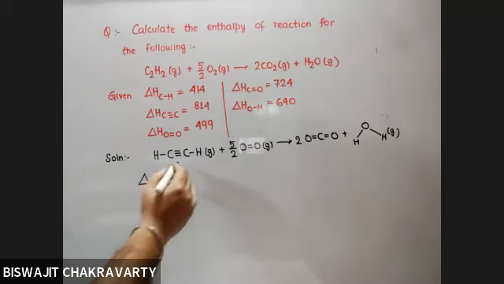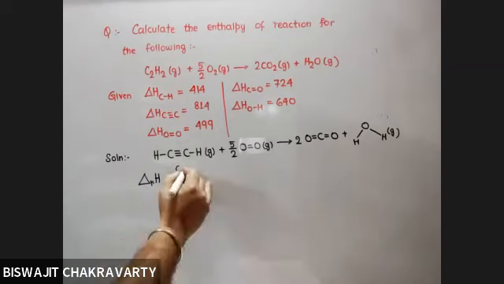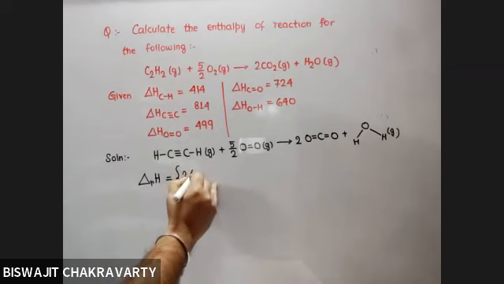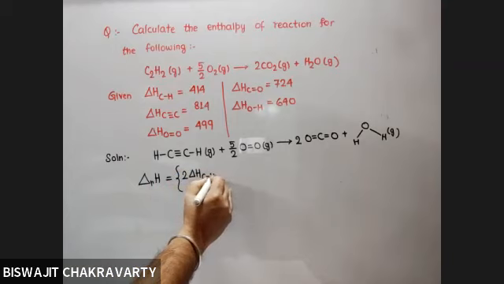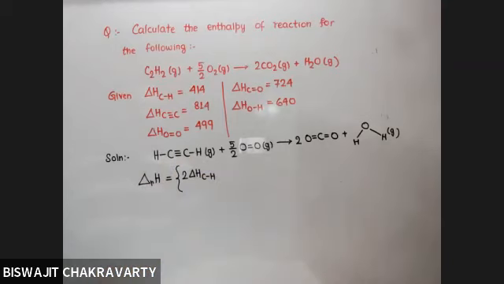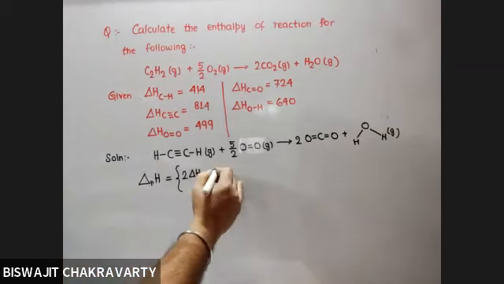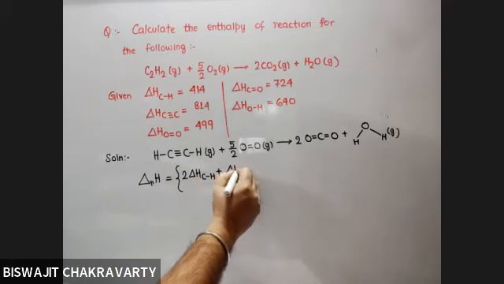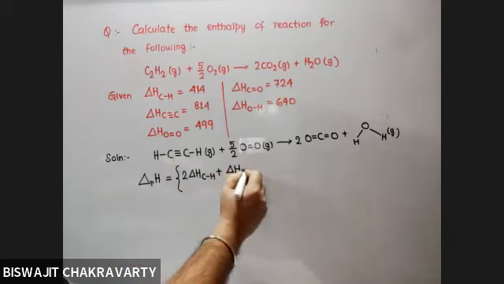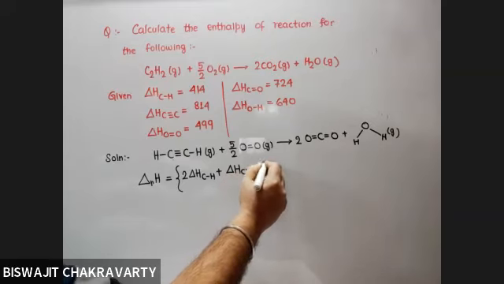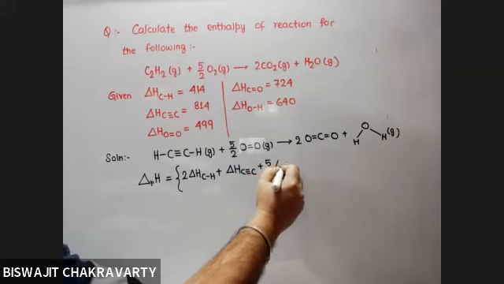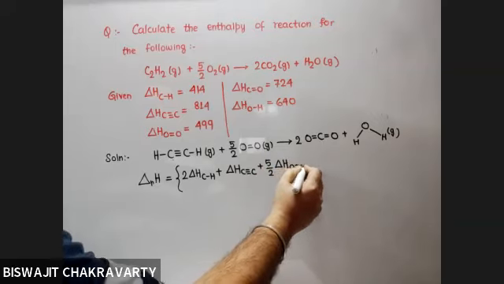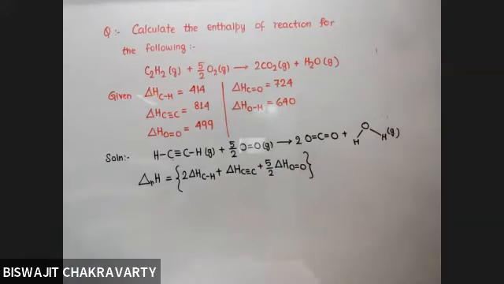How many carbon hydrogen bonds need to be broken down? Tell me. 2, no? This is carbon hydrogen, this is carbon hydrogen, plus 1 carbon triple bond carbon needs to be broken down, plus 5 by 2 O double bond O needs to be broken down. Whatever moles you have, you have to take exactly that.